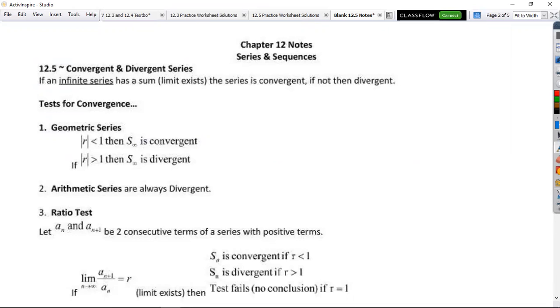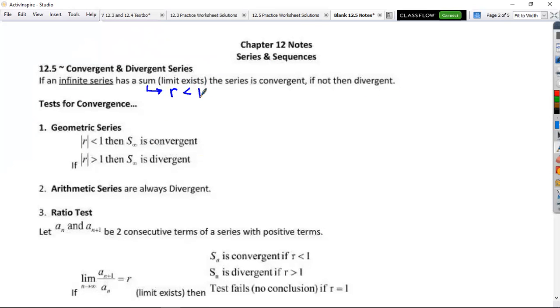So to begin, if an infinite series has a sum, if you guys remember what you did on homework, for it to have a sum, your R value had to be, remember?